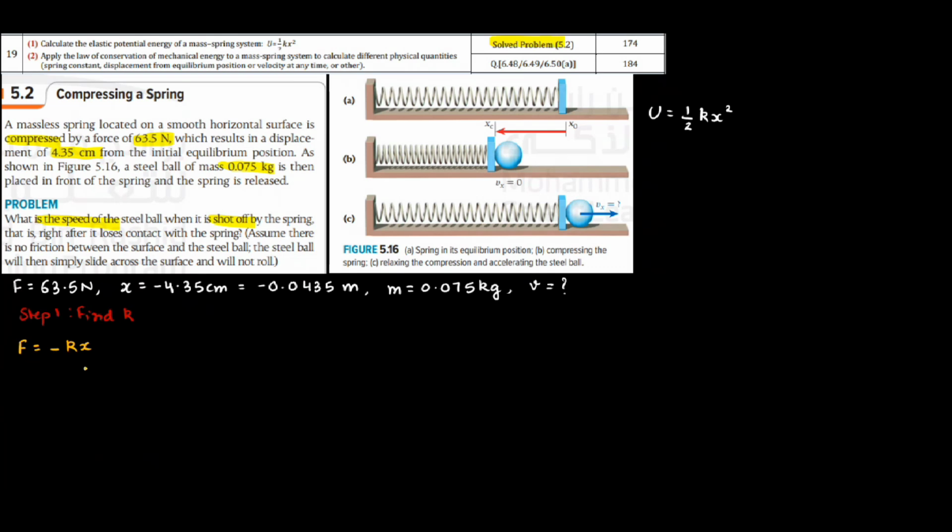I will rearrange this term to calculate my K. We can rearrange and write this as K equals negative F over X. Now we substitute the value. F is 63.5 and my displacement is negative 0.0435. When you solve this, you should get your spring constant as 1459.8 Newton per meter.